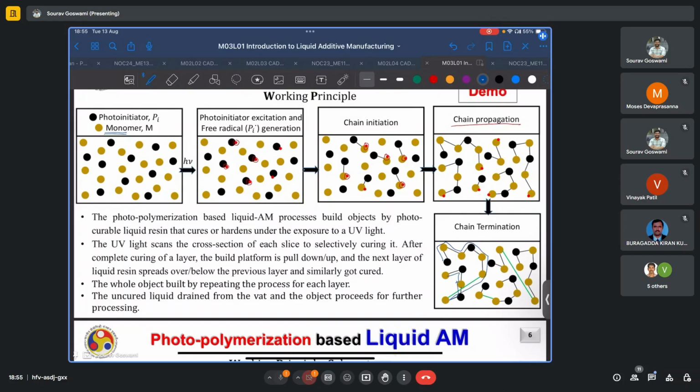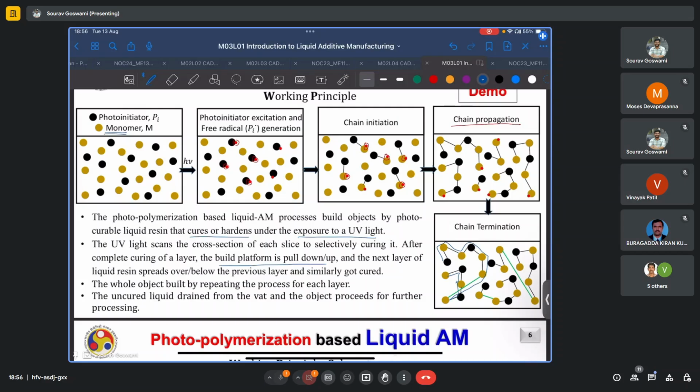Now, such a photopolymerization-based liquid AM process builds an object by photocurable liquid resin that cures or hardens under exposure to UV light. The UV light scans the cross-section of each slice to selectively cure it. And after complete curing of a layer, the build platform may be moved either down or up, depending on whether your build direction is along the positive Z, along the negative Z, or if there is no fixed build direction at all.